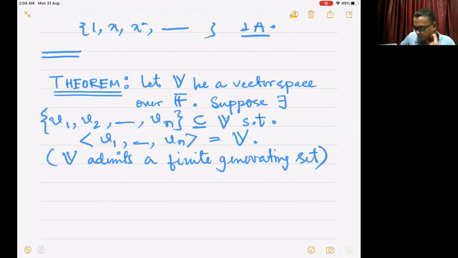So V admits a finite generating set, right?